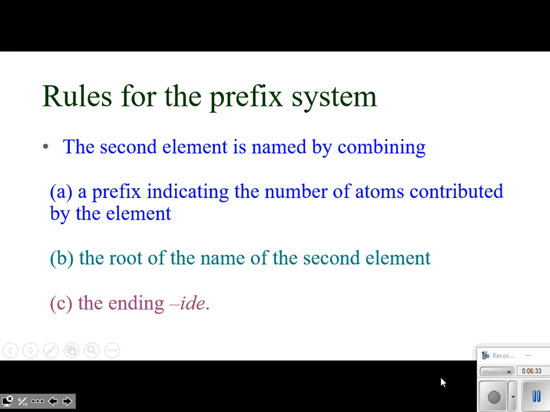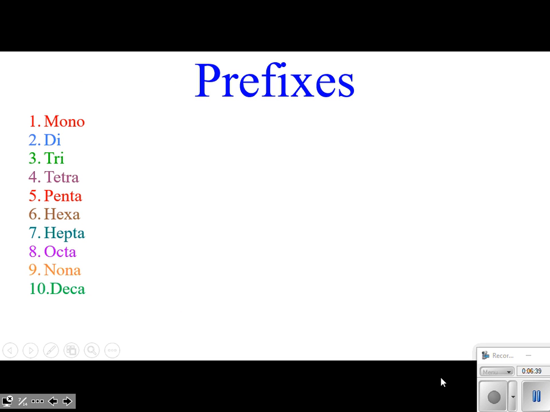Prefix, base or root of the element, IDE ending. Here are the 10 prefixes that we most commonly use. You should already have those in your notes from the video. Mono, di, tri, tetra, penta, hexa, hepta, octa, nona, deca.